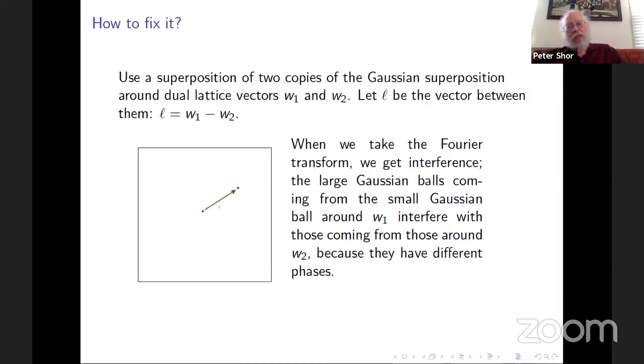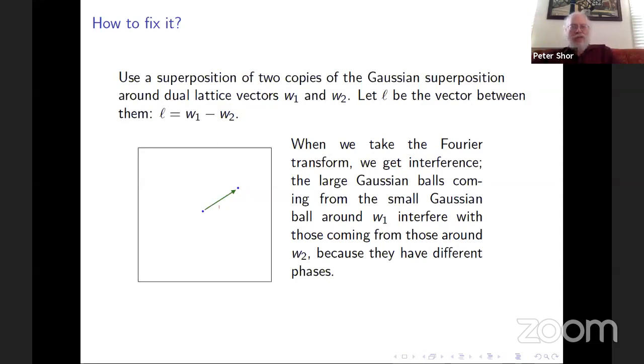And now, what happens when we take the Fourier transform? Well, remember the Fourier transform of small Gaussian balls around a dual vector is a superposition of large Gaussian balls around each dual vector. And these large Gaussian balls all have different phases.